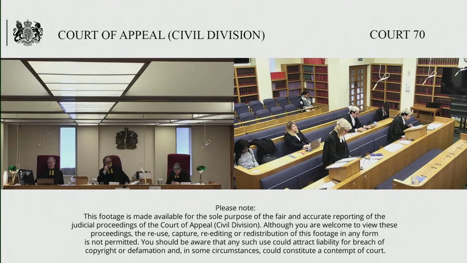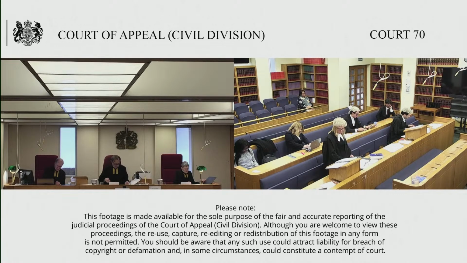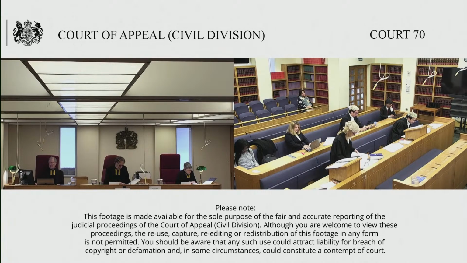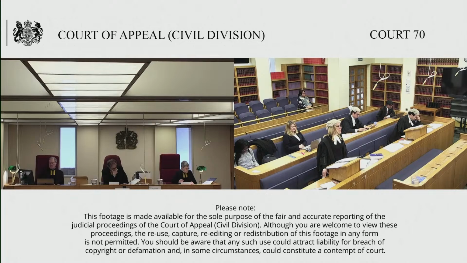But if I could invite the court to turn up Mobeen, behind tab 7 of the authorities manual, page 136, paragraph 49, which states that a central consideration when assessing proportionality of the removal of a non-settled immigrant from a contracting state in which they have family life is whether the family life was created at a time when the immigration status was precarious.